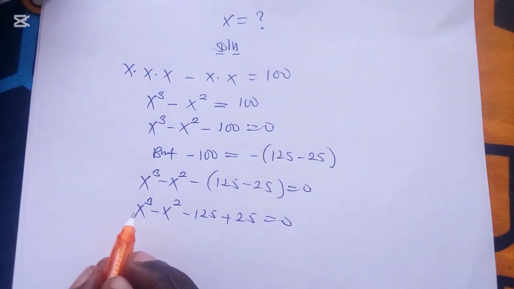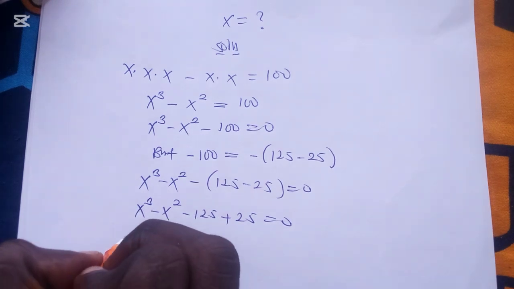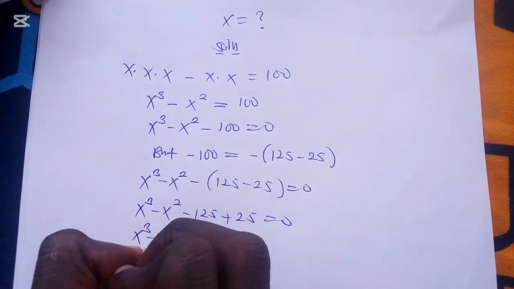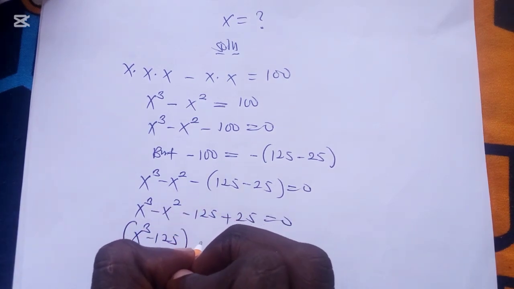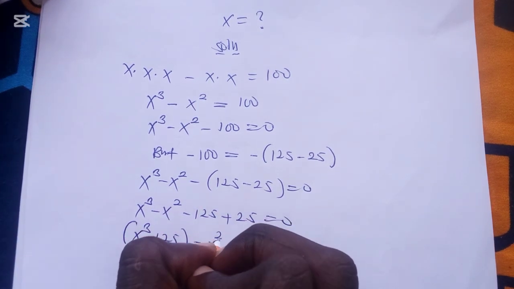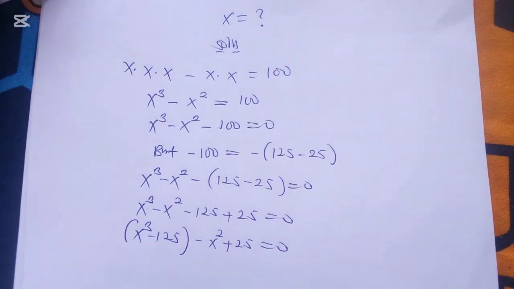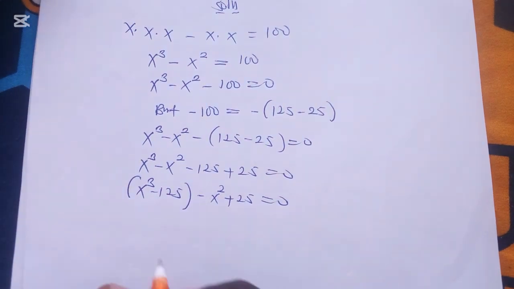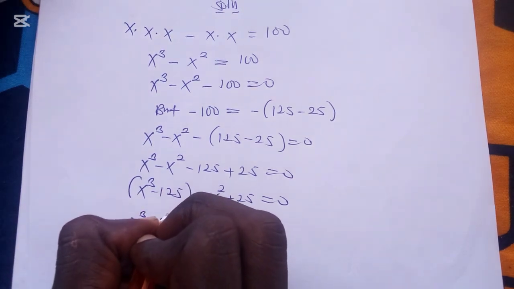Then we arrange them. x cube is going with minus 125. We say x cube minus 125. Okay, then we say minus x square also going with plus 25, then everything becomes 0. Okay, but we know we can also express this one as x raised to the power 3 minus 5 raised to the power 3.